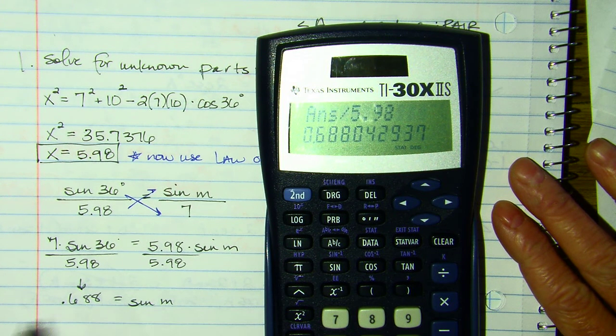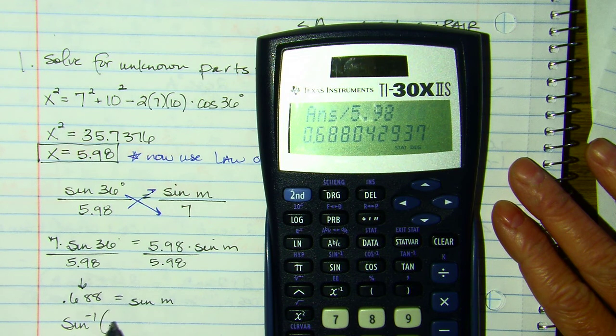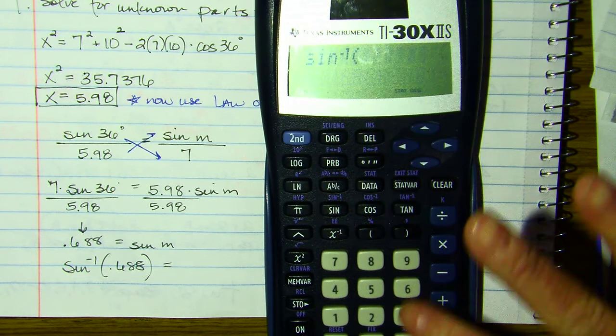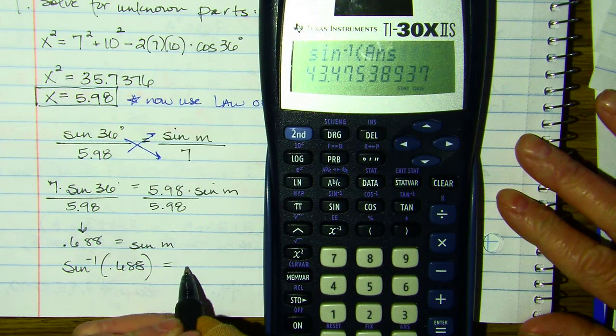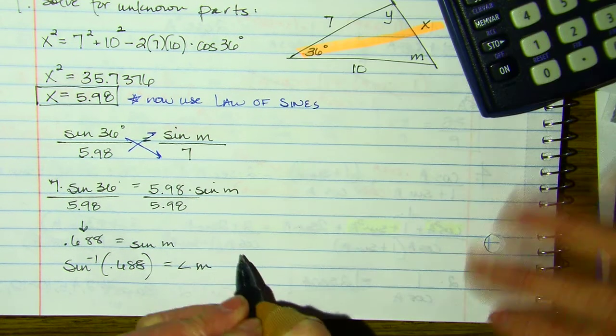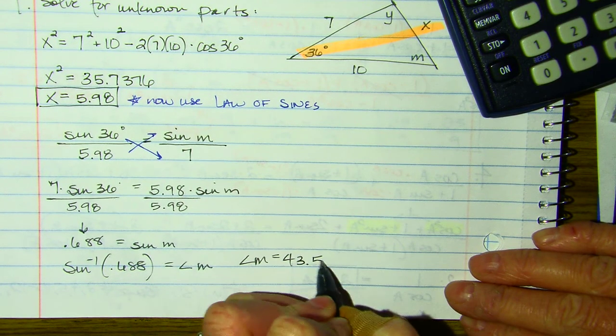And then you would have to do sine inverse of 0.688 to find angle m. So using my calculator, sine inverse of the answer I just got, and angle m equals 43.5 degrees.